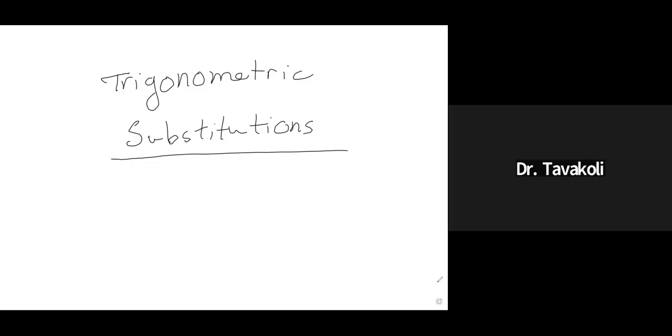Sometimes in the function that we integrate, we might see something like the integral of radical 1 minus x squared, or radical of 4 minus x squared, or radical of 25 minus x squared.